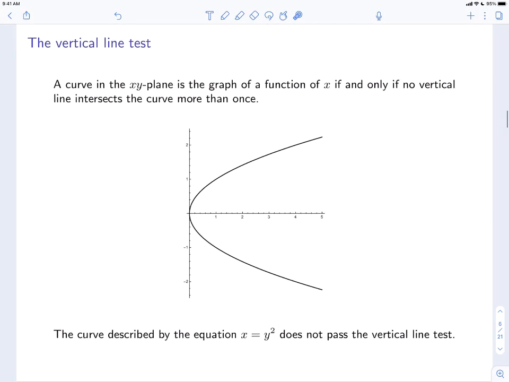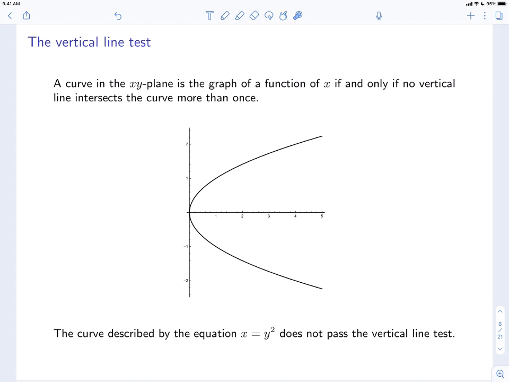This leads us to something called the vertical line test. A curve in the xy plane is the graph of a function of x if and only if no vertical line intersects the curve more than once. So here we actually have the graph of the equation x equals y squared. In this case, what you're looking at is not the graph of a function.